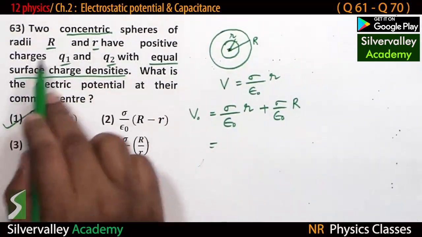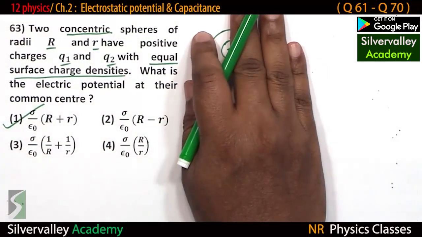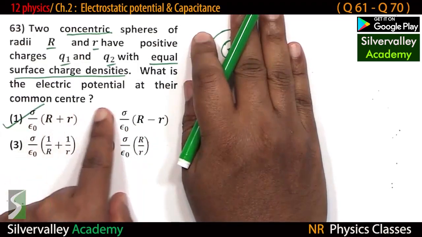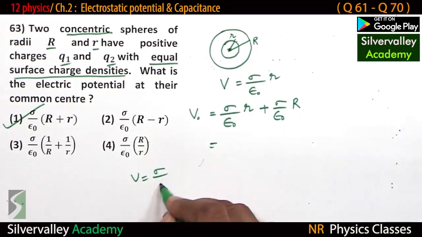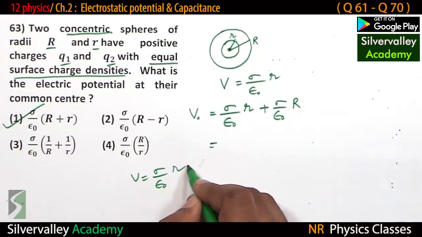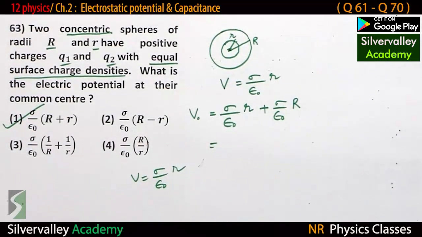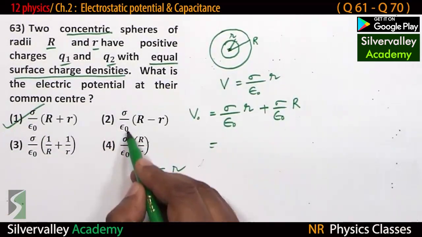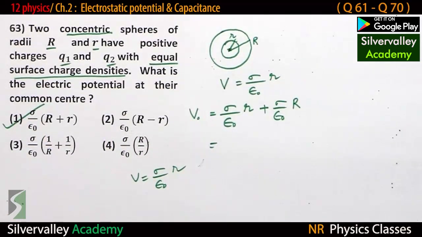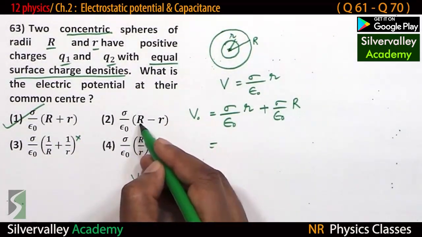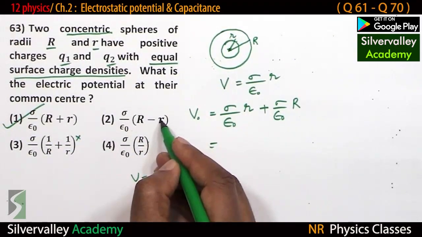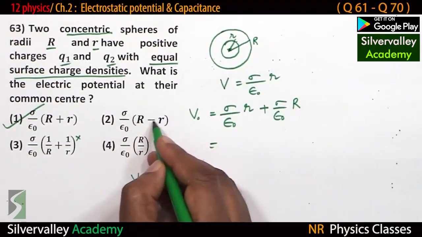Now also observe, without using equations you can get the answer from these 4 options. Potential is sigma by epsilon naught into R, where R is radius. Sigma by epsilon naught is found in all the 4 options, so next to that there should be a radius. We won't get it from this because it is 1 by length. This is R minus r, and R minus r is not possible.